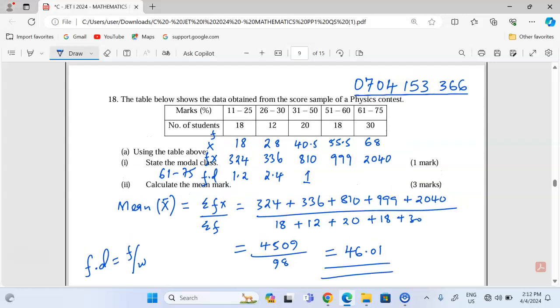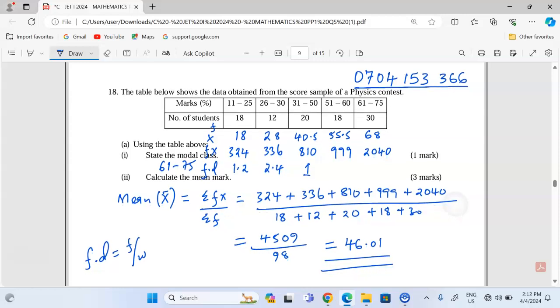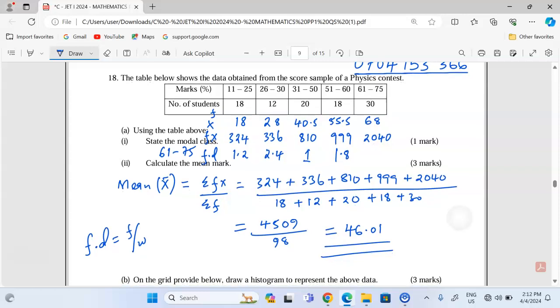We go to 18, divide by a class interval of 10, and that gives us 1.8. Then finally, there is 30 divided by a class interval of 15. So 30 divided by 15 gives us exactly 2.